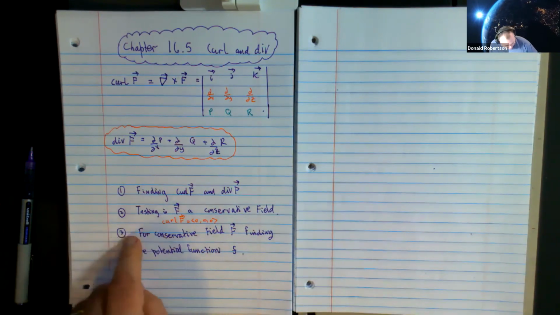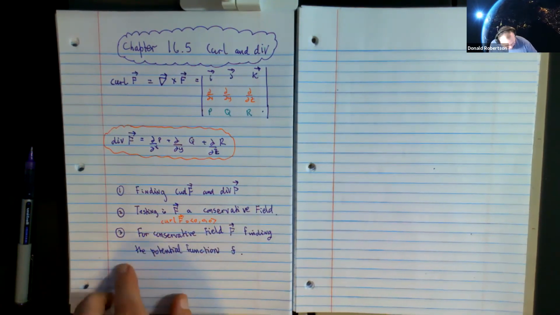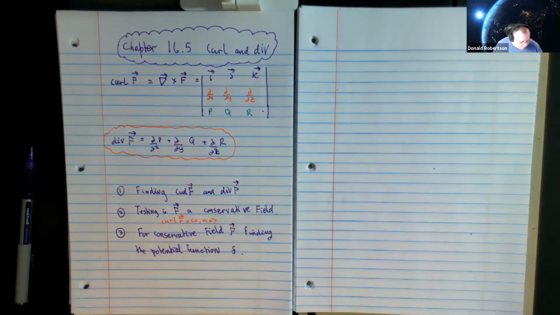I want to do more of 3 then, where we find the potential function. So I'm going to just find a function that I already know is conservative. So I won't do the curl bit. I'll just focus now on the little f bit, right? The potential function part.